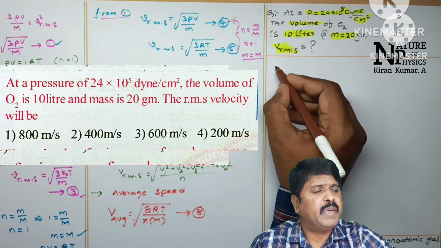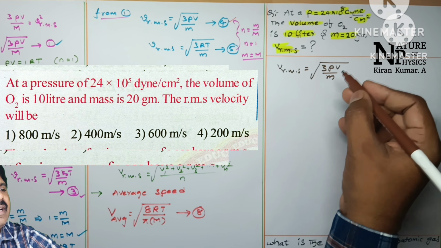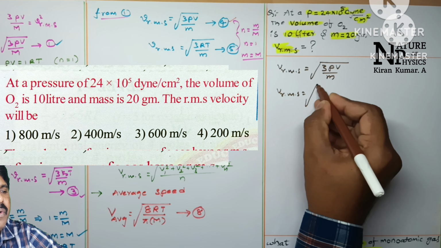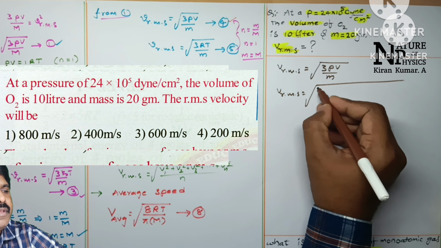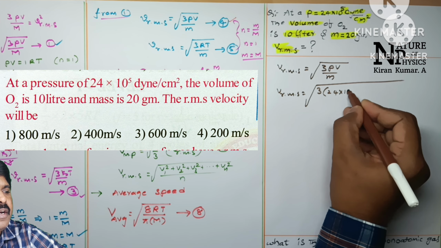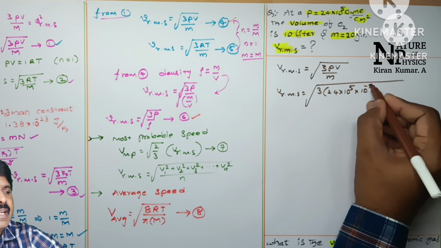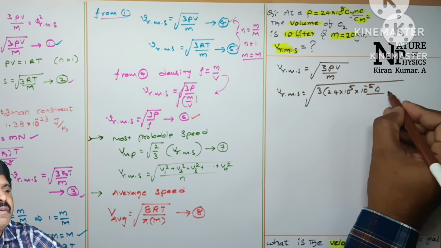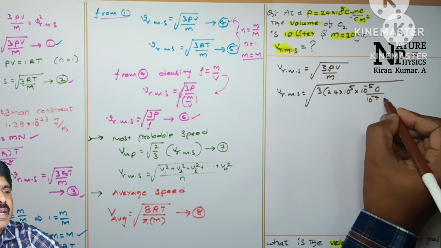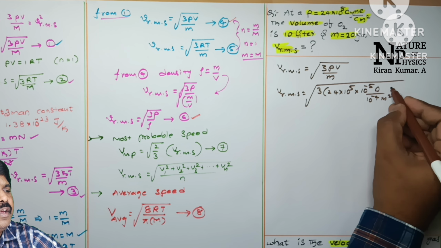See there, RMS velocity VRMS is equal to, replacing the values, root over 3 into pressure, given as 24 into 10 to the power of 5. 1 dyne is 10 to the power of minus 5 Newton, divided by 1 centimeter square, which is 10 to the power of minus 4 meter square, into volume.